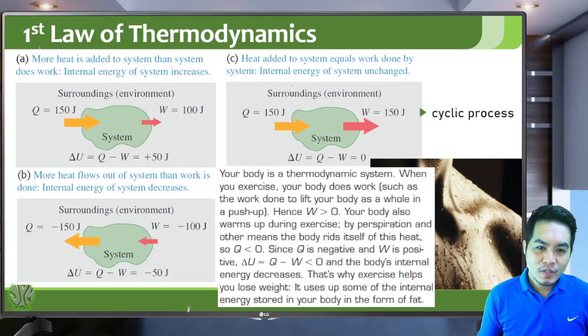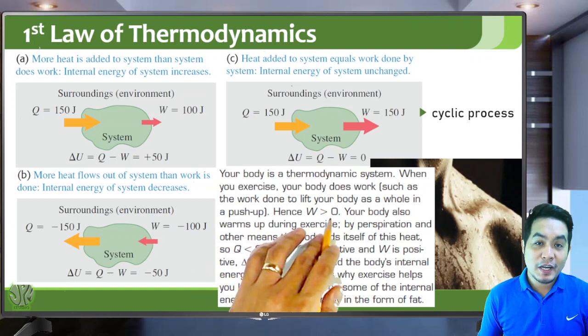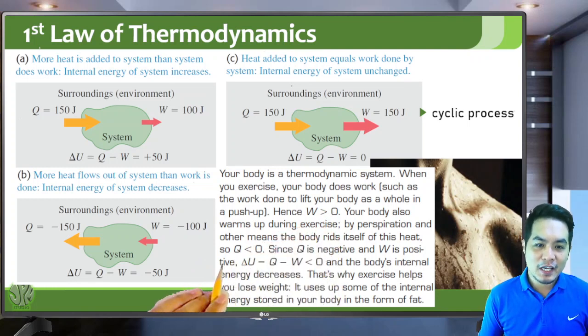So in this case, work by your body is positive. The heat released by your body, Q, is negative because heat is released during exercise.